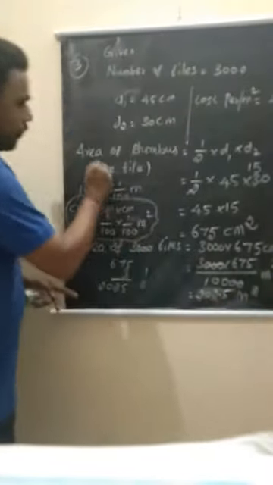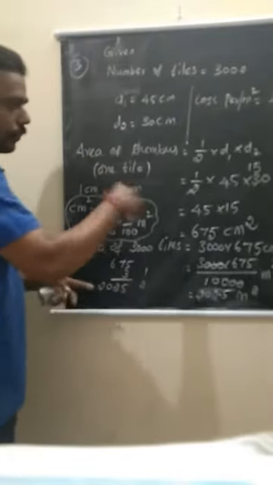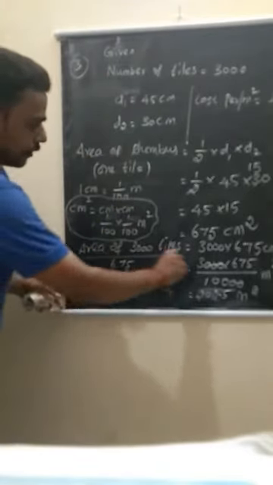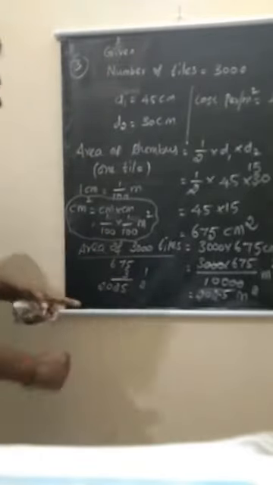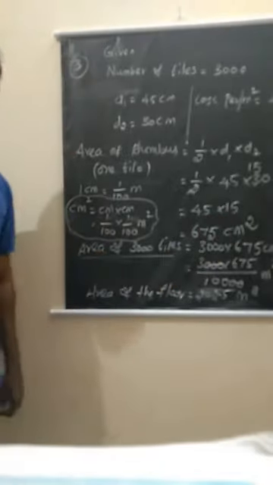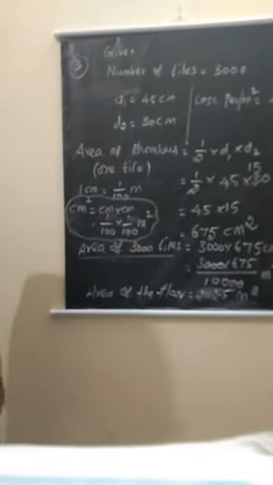So the area of the rhombus, that is the floor, area of 3000 tiles, so area of the floor equal to 202.5 meter square.